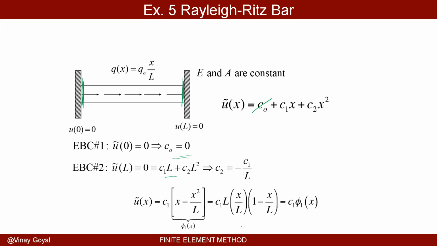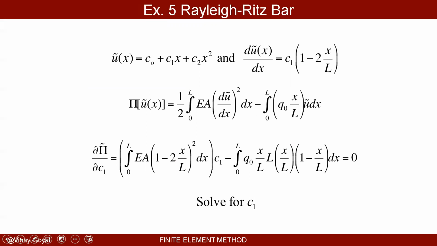And my approximation function looks like this. I covered that last week, but I'm repeating myself. And again, I'm going to select an approximation function. And when I plug it in, I solve for C1. When I plug in u tilde in here, I can then take this derivative with respect to C1 and solve for C1, and I can then solve the governing equation for the problem.